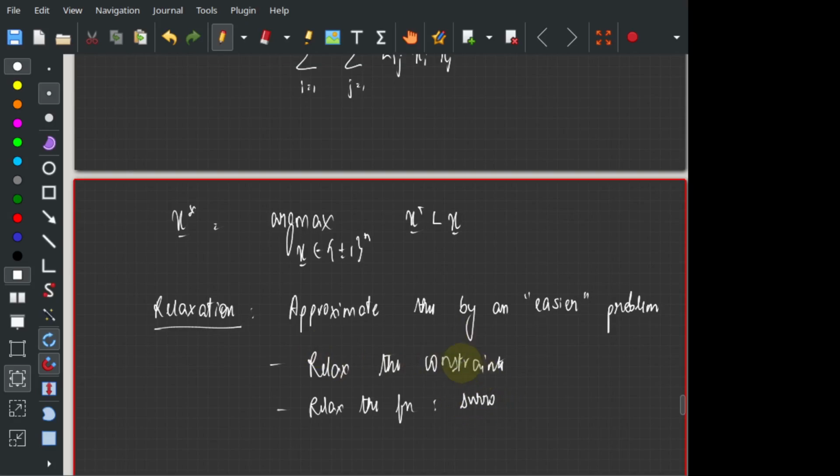So I replace the objective function with a new objective function, which is hopefully easier to optimize over. Now, depending on the surrogate function and depending on how you relax the constraints, it will either be a good approximation or a bad approximation. There's no guarantees per se. It's up to you to show that for this class of functions, you can relax things in a certain way so as to get a good approximation.